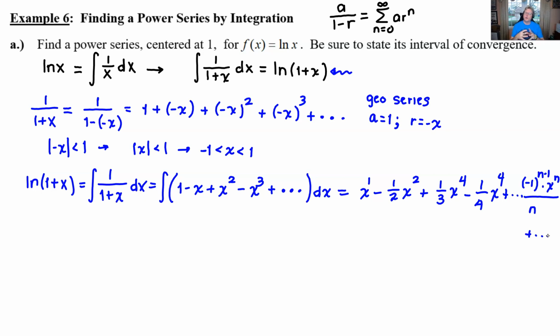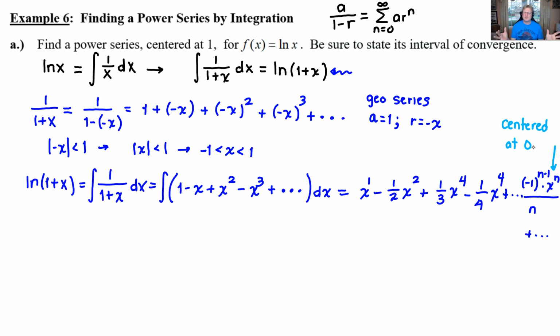Now, what we're going to do from here is we're going to say, well, okay, that's all fine. That's great. I can see that this has got some cool things going on with it, but I also see that this is very clearly centered at 0. There's no denying that. So it's kind of not centered where we want it to be centered, but it's also not the correct function.